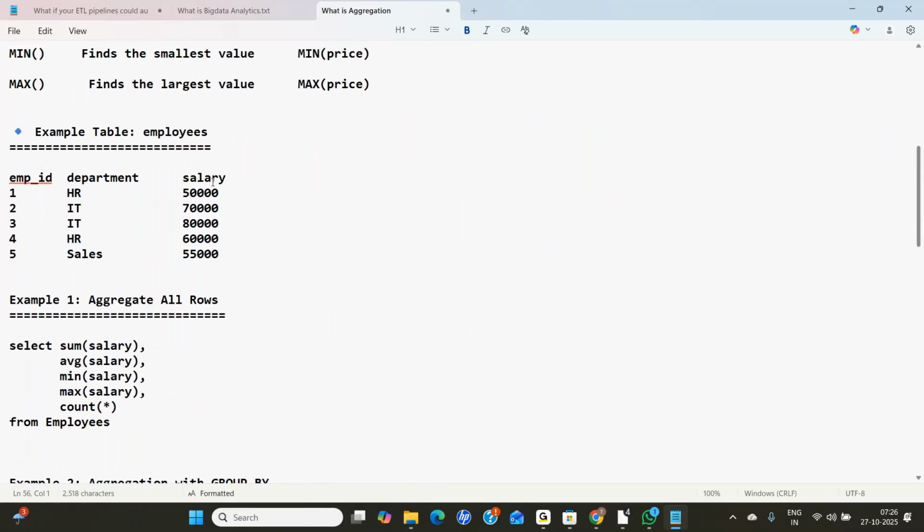First observe the data: employee ID belongs to a particular department and has a salary. Now I want to find out, department wise, what is the total salary. Department wise means department as a category, categorizing the departments with similar values.